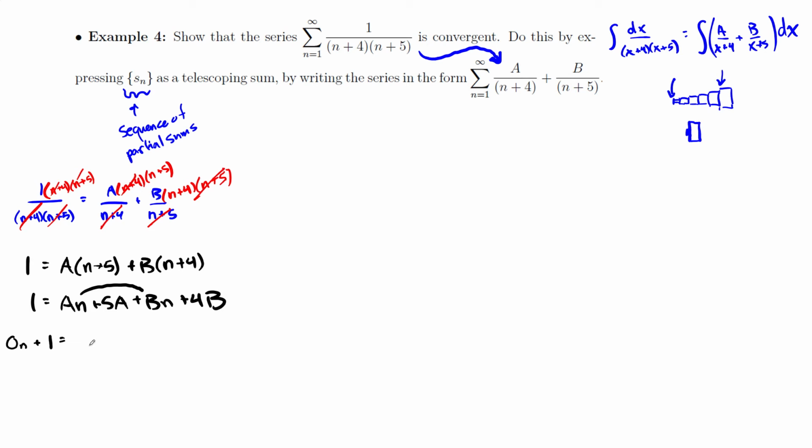So An plus Bn would be A plus B times n. And then plus 5A plus 4B. So what I've done is I've separated it into the n terms and the constant terms. What that allows me to do is say, well, then that means A plus B must be 0. And it means that 5A plus 4B must be 1. So 0 equals A plus B, and 1 must equal 5A plus 4B.